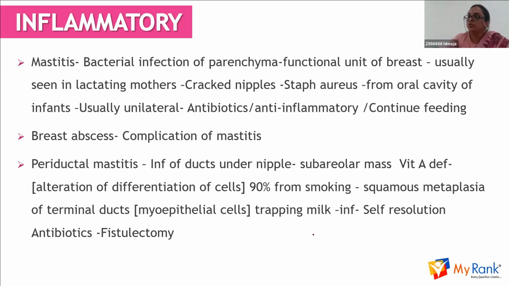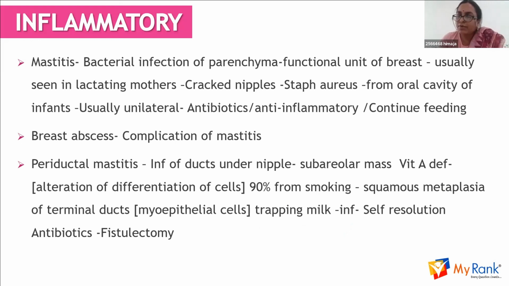So usually it occurs due to vitamin A deficiency. Vitamin A helps in differentiation of cells, and in 90% there is a history of smoking. There will be squamous metaplasia. So these myoepithelial cells are replaced by squamous cells, which are non-contractile. So there is trapping of milk and there is infection.